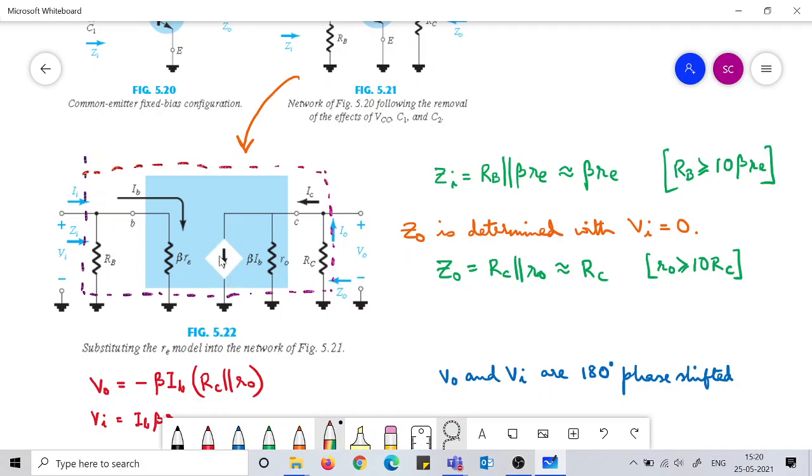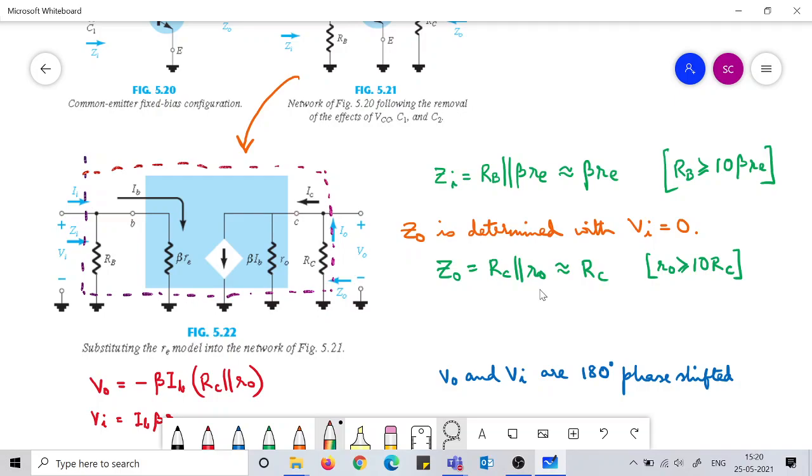Try to understand the consequences of each of these concepts, what is happening. So Ib becoming 0 means this branch is open circuit. So when you look from this side now, you only have this resistance and this resistance in parallel. There is nothing here. This is the infinite resistance. So this and this in parallel is the Z0. So Z0 is Rc parallel to R0.